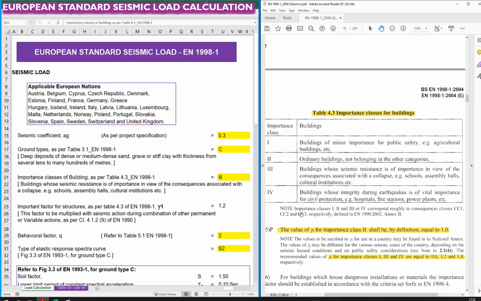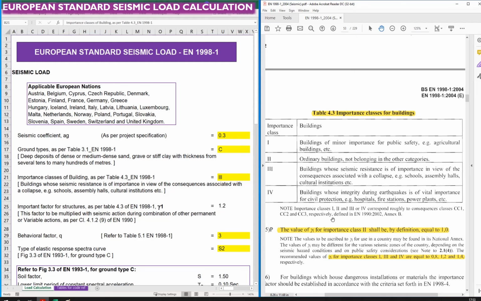Also, there are some notes given here: importance classes I, II, and III or IV correspond roughly to consequence classes CC1, CC2, and CC3 respectively, defined in EN 1990:2002 Annex B. The reason we refer to these importance classes is that we need to know the load combination factor if this seismic load is going to come along with other loads such as dead load, live load, or even some part of wind load.